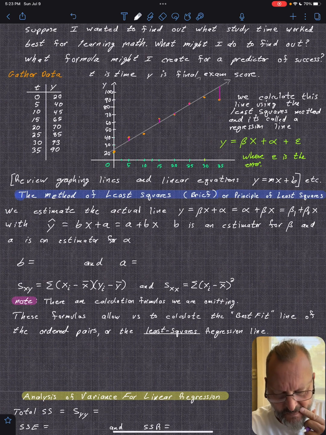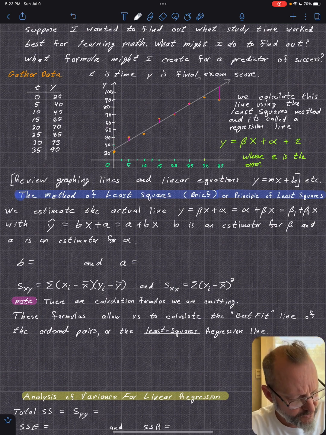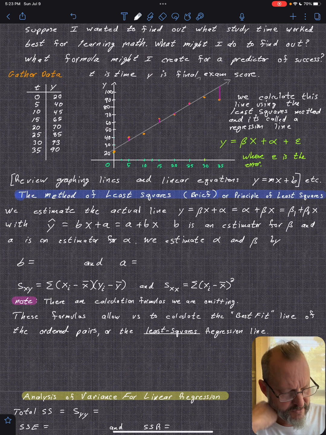Okay, so we estimate alpha and beta by these formulas.